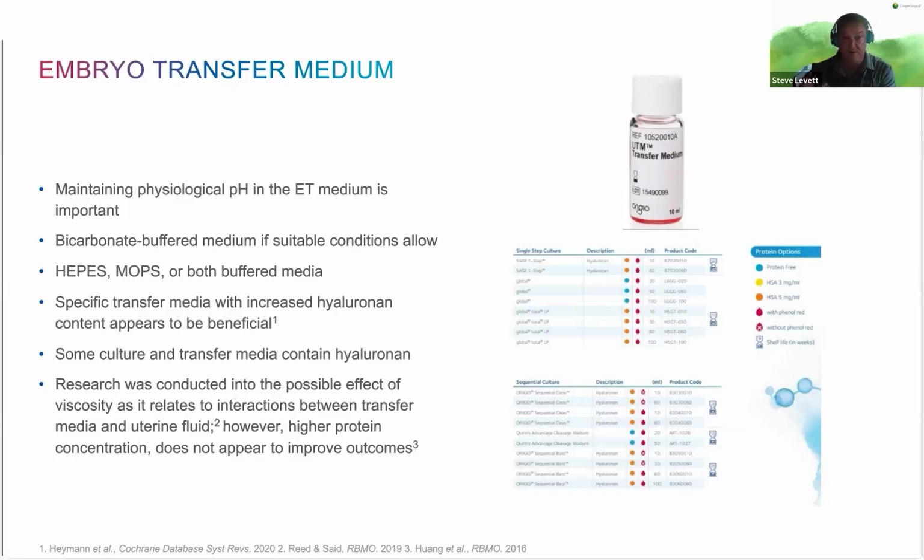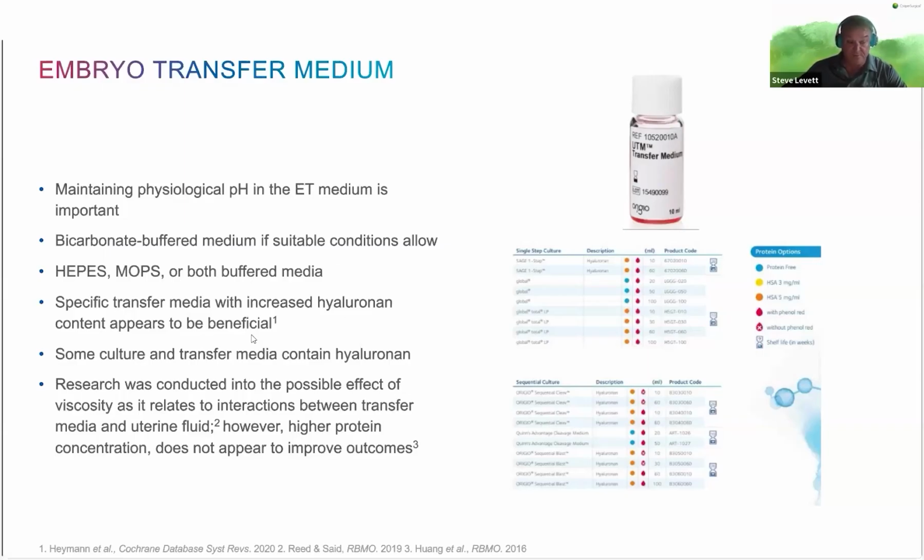We'll talk in a couple of slides about the use of oil, which might help, but in most cases, if you've got an open area to work in, if you're using bicarbonate buffered media, you need to be extremely careful in maintaining the conditions. We can use a zwitterionic buffer, so HEPES or MOPS or both, which only rely on temperature. They don't rely on CO2.